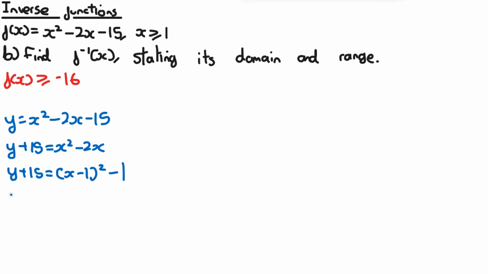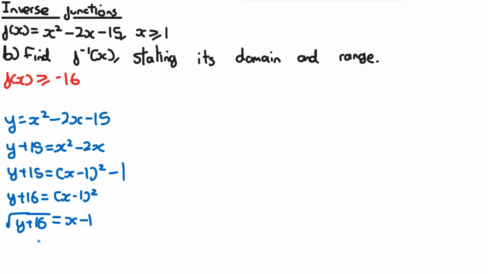Move the minus 1 onto the other side to get y + 16 = (x - 1) squared, and then square root both sides to get the square root of (y + 16) = x - 1. This is not going to be plus or minus, for the same reason that we talked about before with quadratics, because then that would become a one-to-many function.